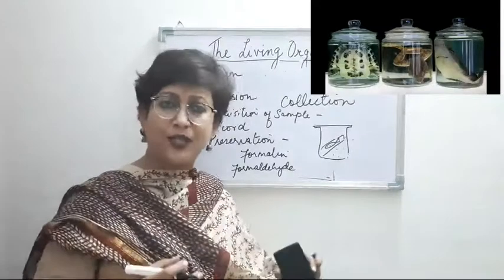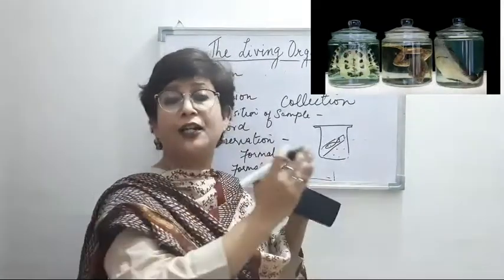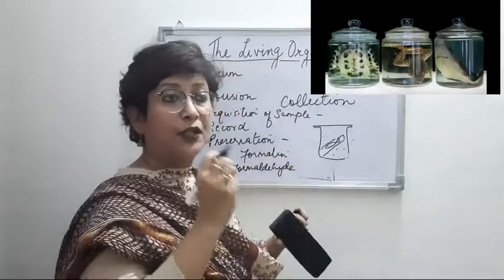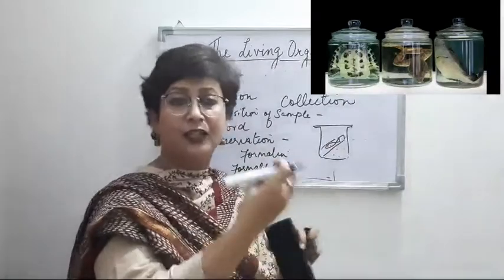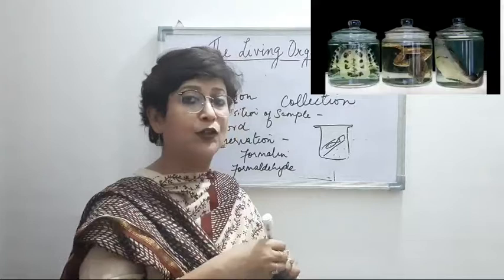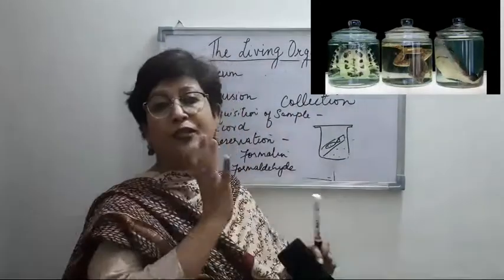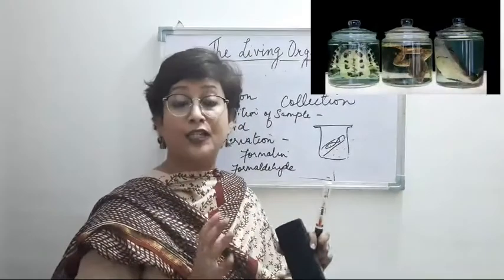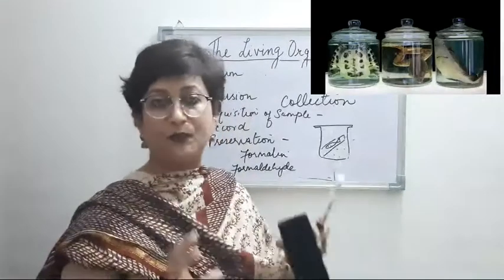Information regarding the specimen is always given there, right? So what information? The name of the organism, its scientific name and its common name, is always on the jar, or if the specimen is not kept in a jar, then a label would be below the specimen.